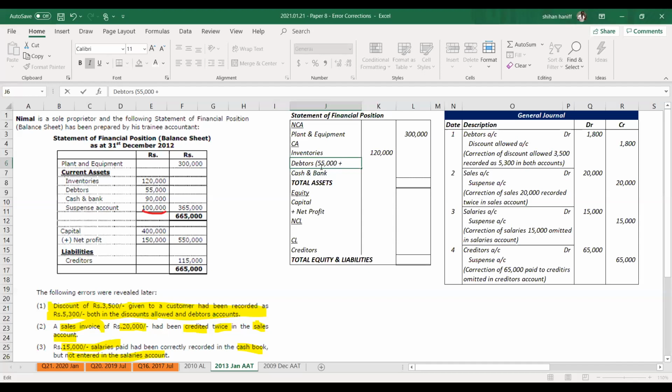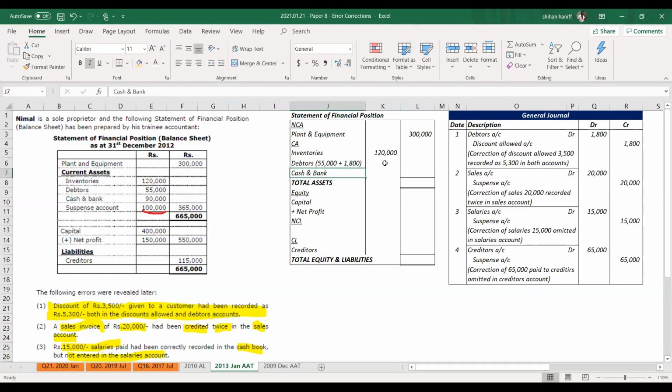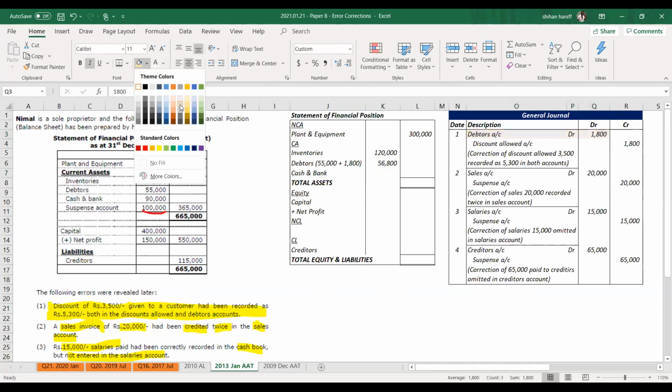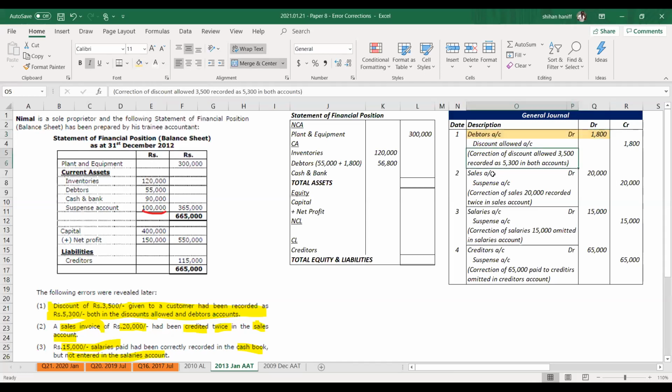This 1,800 will be added to this. So total 55,000 plus 1,800, 56,800. Debtors account was affected. Cash, nothing changed. So it is 90,000.